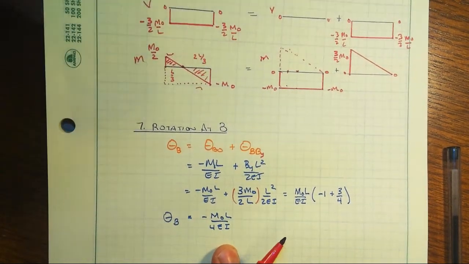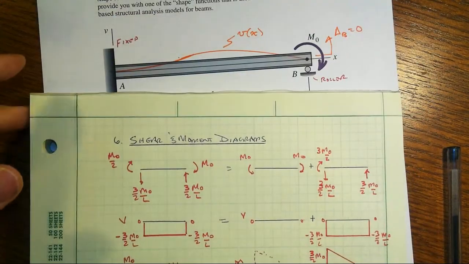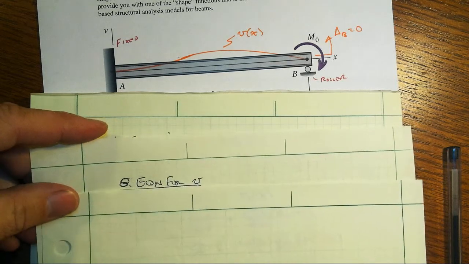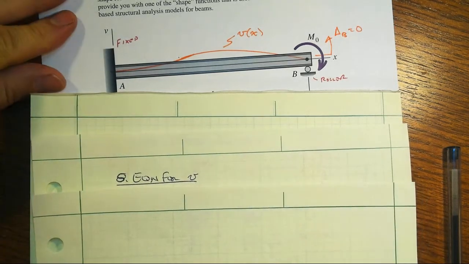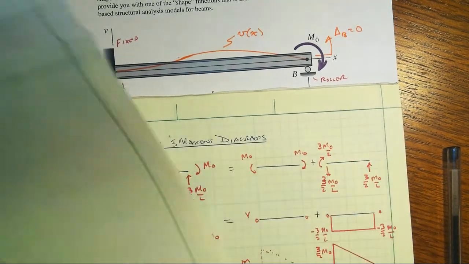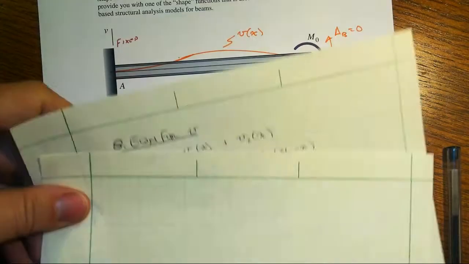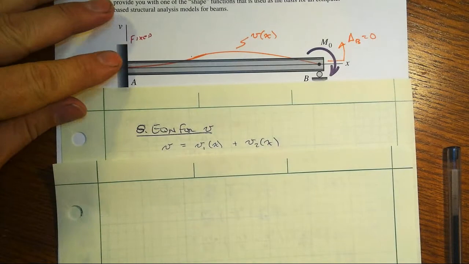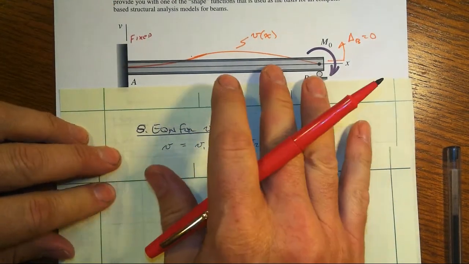Right? Alright, so then the last thing that's been asked to find is the equation for v, the deflected shape. Right, now let me get rid of some things here. There we go. Alright, so now again we're going to use superposition. We're going to take part 1 plus part 2.